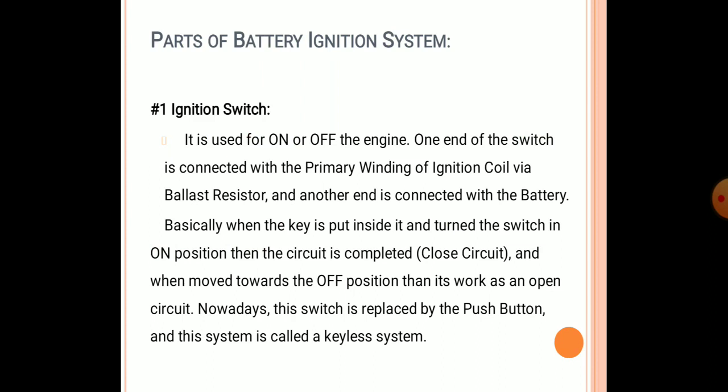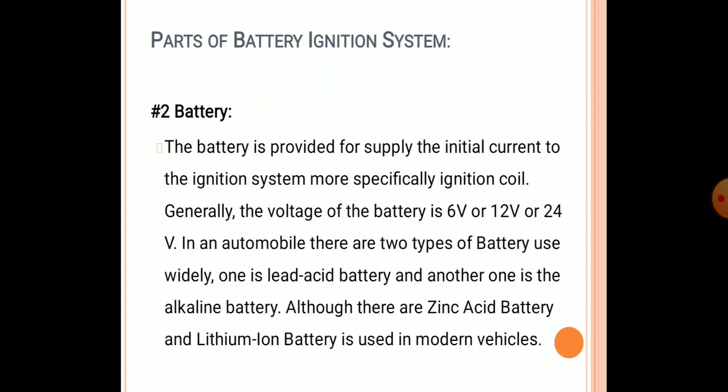When the key is inserted and turned to the on position, the circuit is completed, which is a closed circuit. When moved to off, it works as an open circuit. Nowadays the switch is being replaced by a push button, as automobile engineering advances.